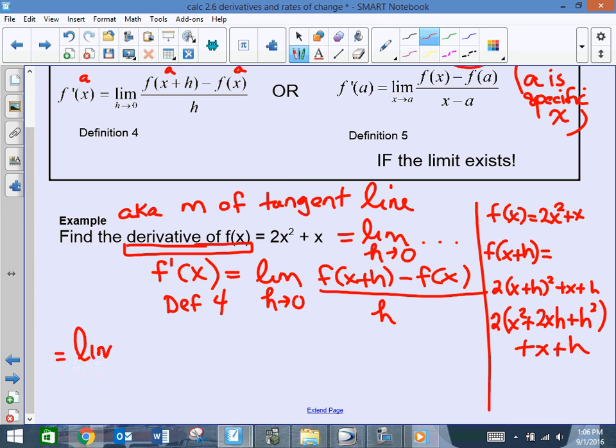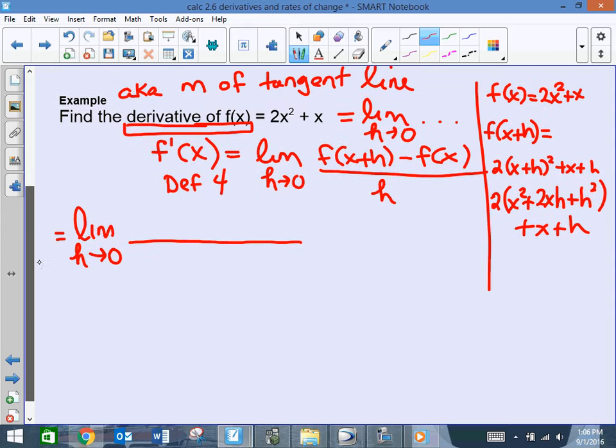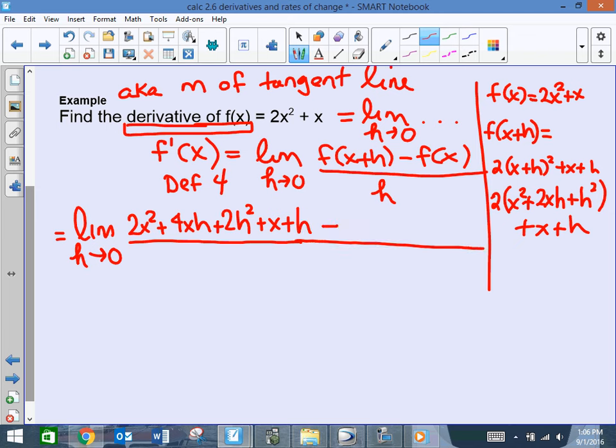All right, I'm going over here so I don't run out of room. Don't lose your limit. All right, f of x plus h is all that business. I'm going to go ahead and distribute my 2. That'll save me a step later on. Minus f of x, which is, okay, I just made a mistake.